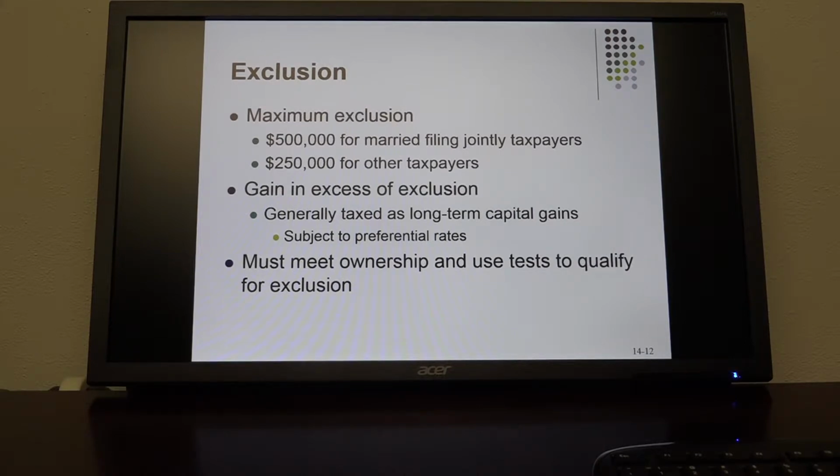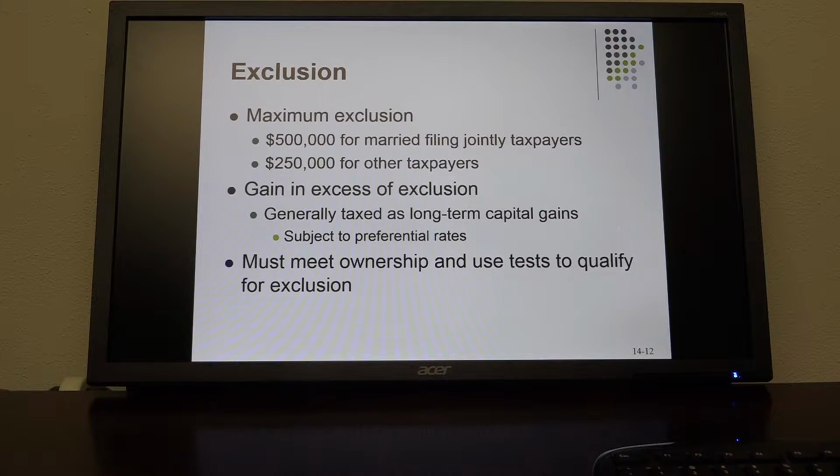Now, the maximum exclusion is a gain of $500,000 if you are married filing jointly. If you are any other type of taxpayer, the exclusion is $250,000 gain on the sale of a residence.